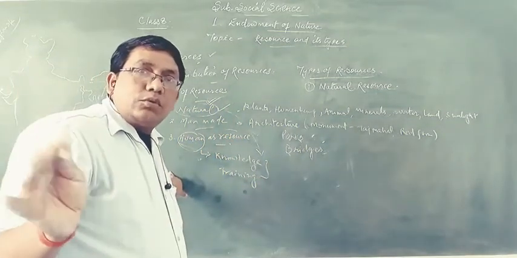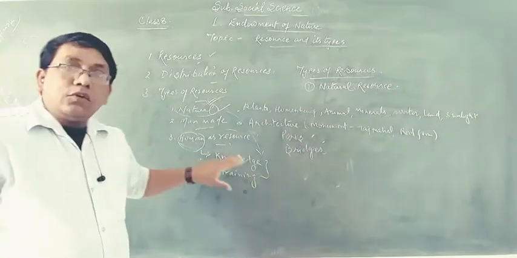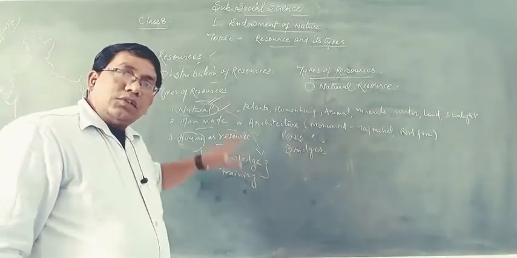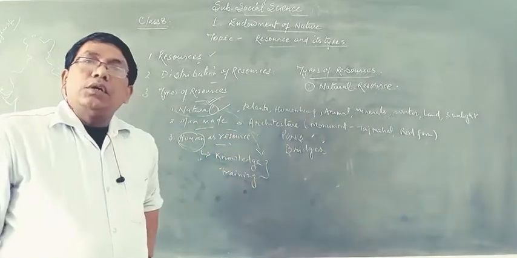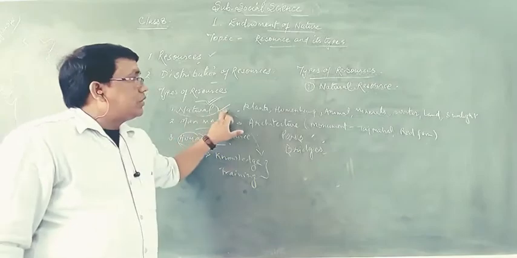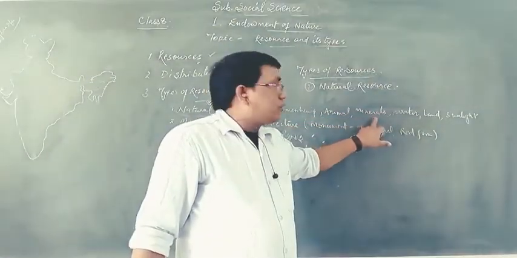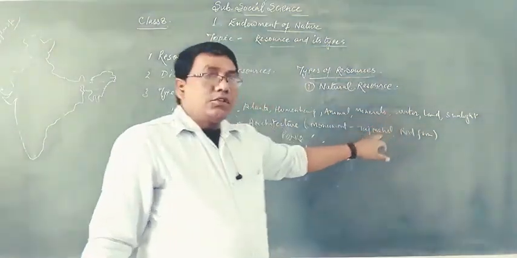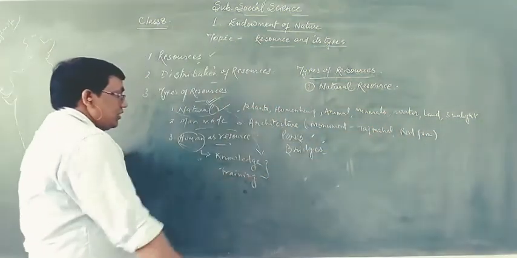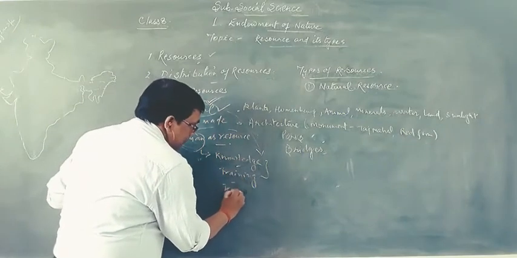It's impossible to get resources from nature directly. Lots of knowledge and training are needed for human beings to get these natural resources. To get minerals, coal and petroleum, lots of technology is needed, and technology needs training.